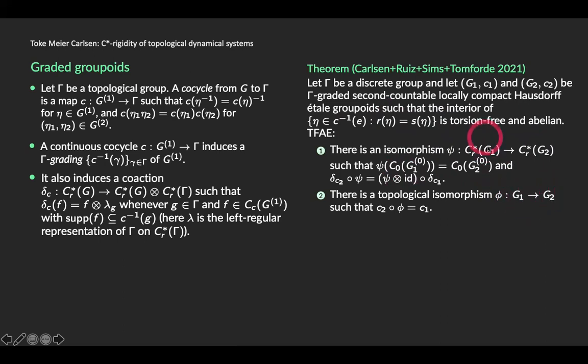So when you have torsion, this does not hold. So you need some kind of condition like this here, but it might be that you can relax this condition a bit.